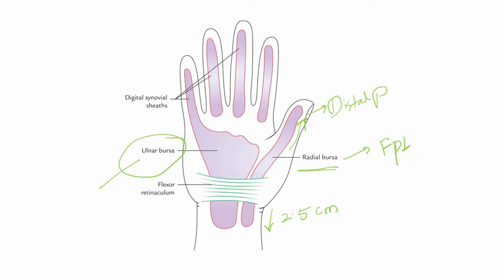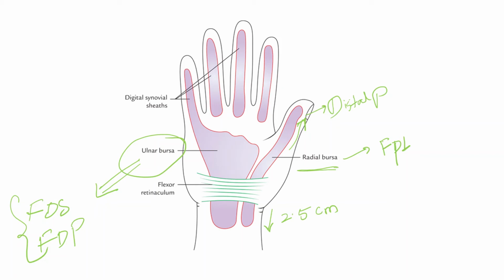Whereas on the other side there is a big bursa which is called the ulnar bursa, which carries the long flexor tendons of the digitorum, that is the flexor digitorum superficialis and the flexor digitorum profundus. So these long flexor tendons are running within the synovial sheath, which is called the ulnar bursa.